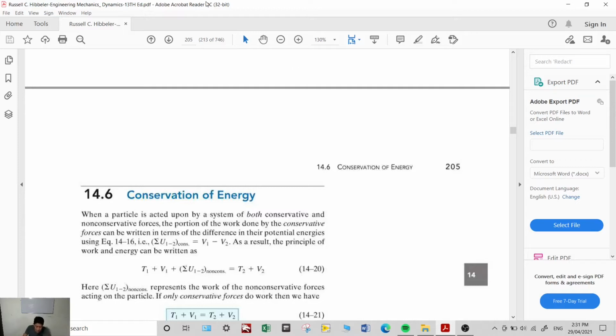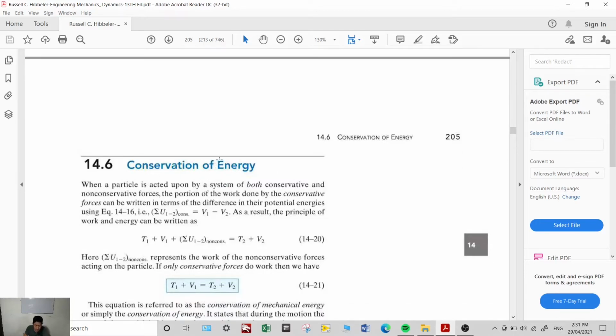After defining the types of energy, I will now proceed with the derivation of the conservation of energy. Based on the principle of work and energy, T1, the initial kinetic energy, plus the work is equal to the final kinetic energy. But we need to account for the work done by the conservative force and the work done by the non-conservative force.